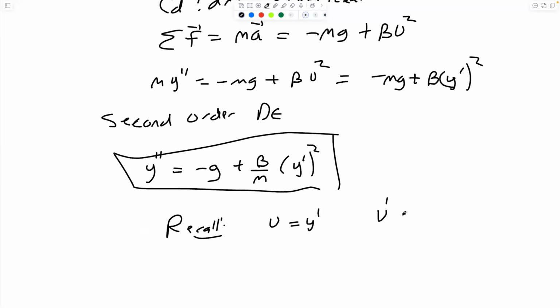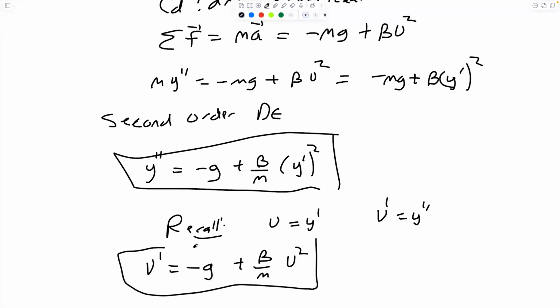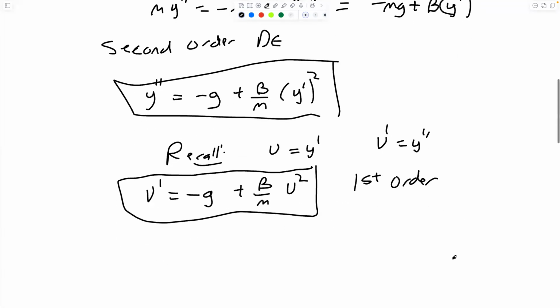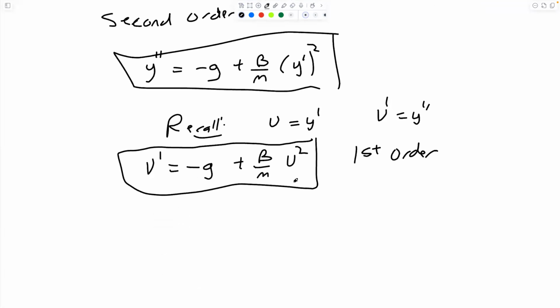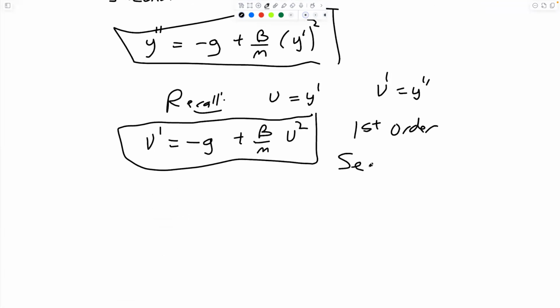So v prime would be y double prime. So I could make this v prime equals negative g plus beta over m v squared. It's still nonlinear, but now it's first order. It's going to be easier to solve. In fact, it's separable. This is a separable DE. And that's how we're going to solve it.